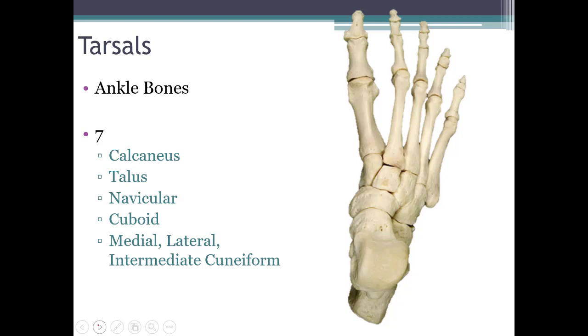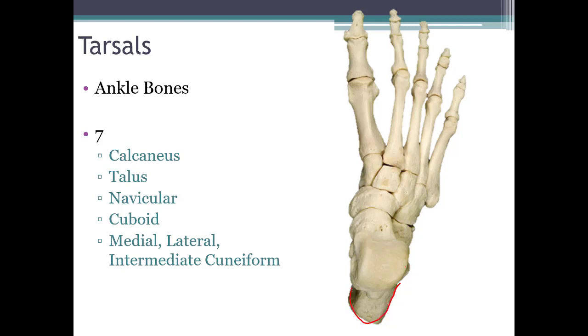Okay, taking a look at our tarsals, which is another word for our ankle bones, it's a little misleading because these actually make up a good chunk of the foot. We have 7 tarsals compared to our 8 carpals, and they are as follows. The heel, calcaneal is the heel.